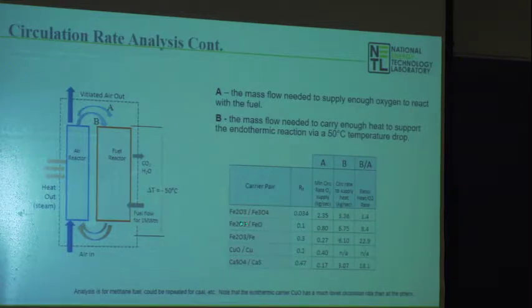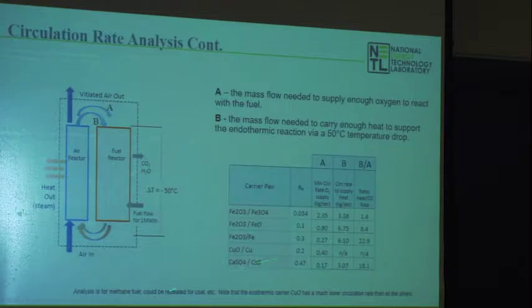If I have more oxygen carrying capacity, I need to bring less over, all right? If I keep driving up the oxygen capacity by reducing it down, I need to bring less oxygen over to supply the fuel reaction. This was all done for like a kilogram per second of fuel, by the way. I forgot to point that out. I'm sorry, a megawatt thermal equivalent of fuel.